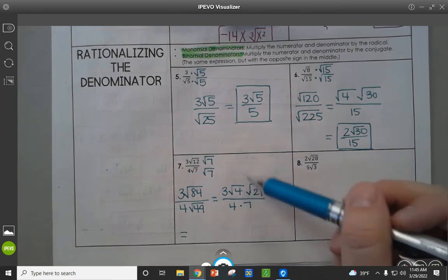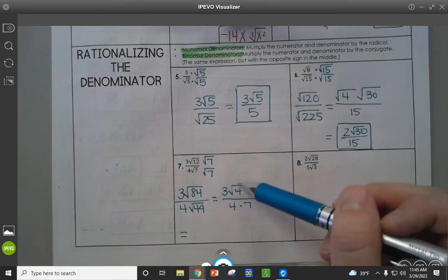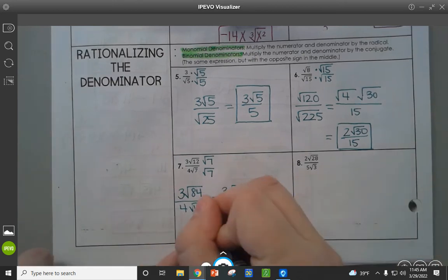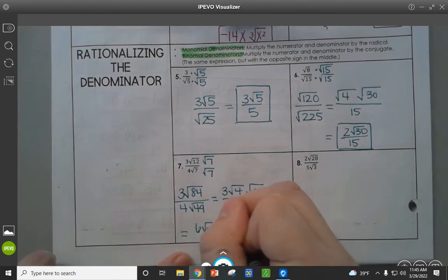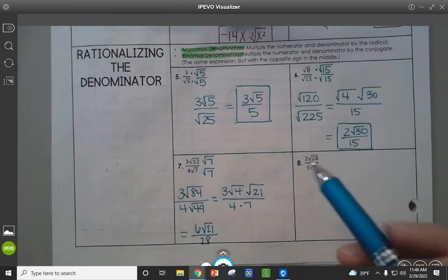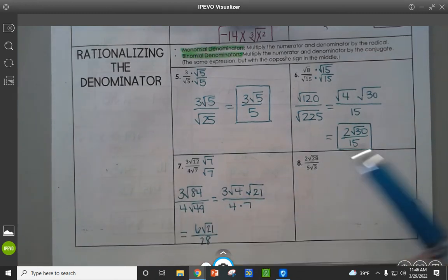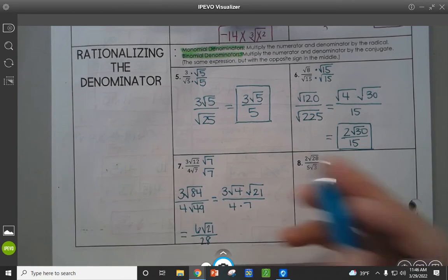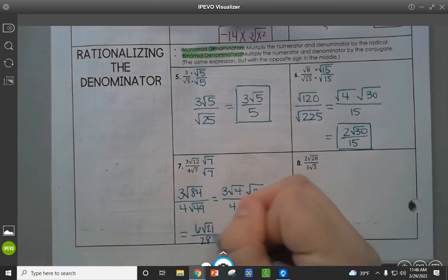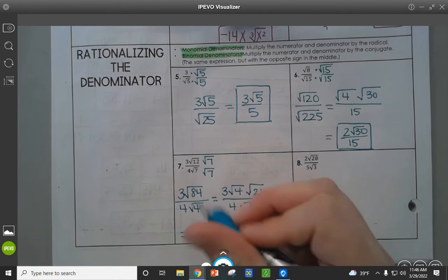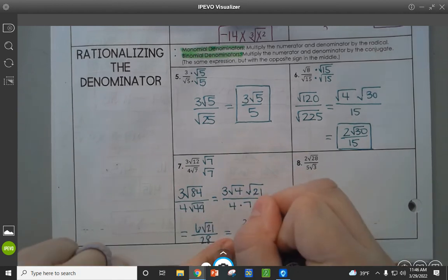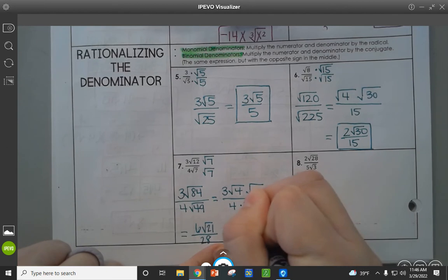So what's the square root of 4? 2. So 3 times 2 is 6. We've got 6 square root of 21 over 28. Does the 6 and 28 simplify? They're both multiples of 2. So you don't worry about what's under the square root, just the numbers in front. So this would be 3 square root of 21 over 14.